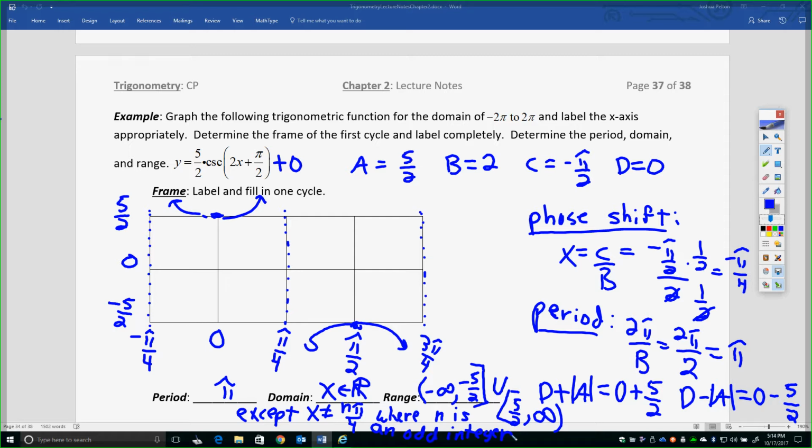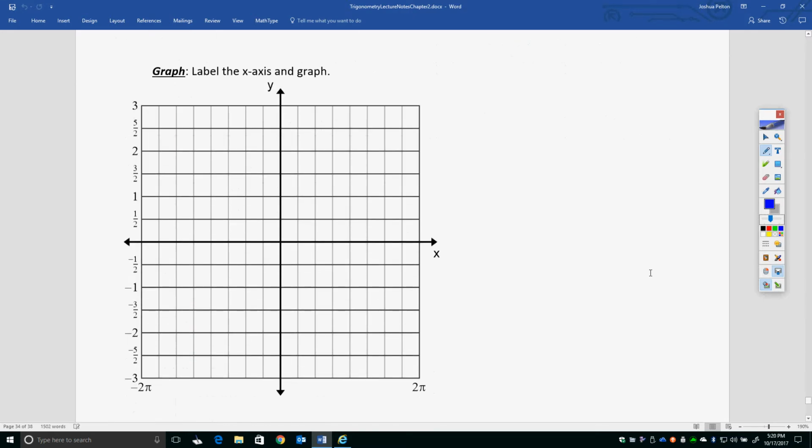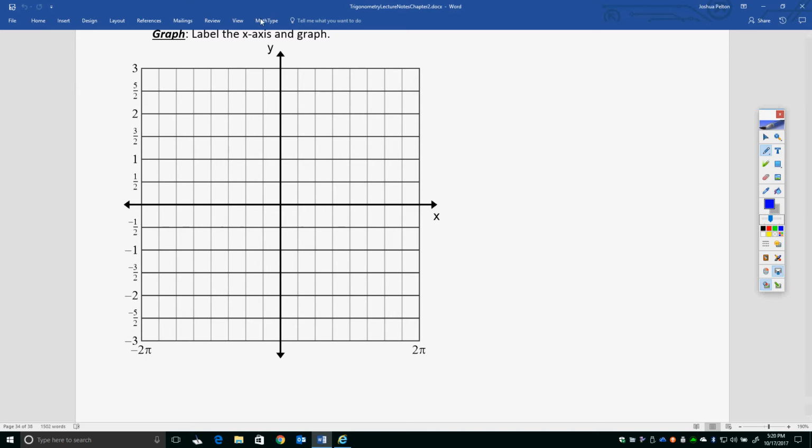Okay, so let's use this to make our actual graph now. So if we look at our denominators here, we have fourths and halves. So since fourth is the biggest denominator, we're going to use fourths for our graph. Okay. I'm not going to label the whole thing this time because we just don't need to.